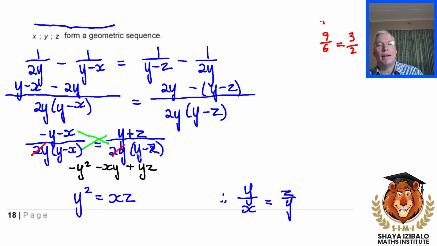And we're going to get a positive yz, and we're going to get a positive xz. On the other side, we're going to get a y squared. We're going to get a zy, a yz. We're going to get a negative xy. And lastly, we're going to get a negative xz.